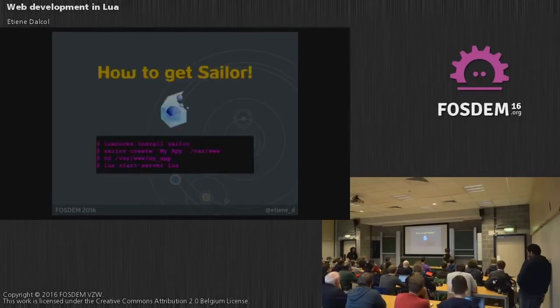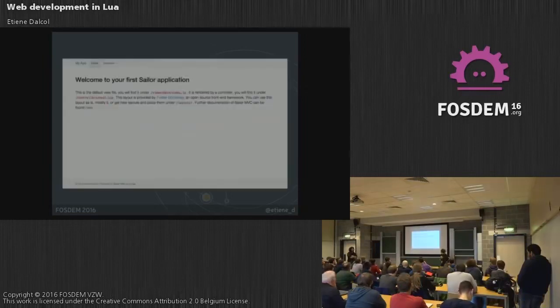So how do you get Sailor? It is pretty straightforward. You get it from the Lua package manager, so just do luarocks install sailor, and then you can create your app somewhere, and then you can start the server, and it will spit out a pretty app. So Sailor comes integrated with Bootstrap, so it is not that ugly out of the box, but of course you don't need to use it.